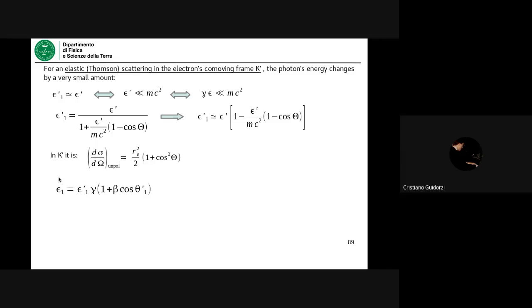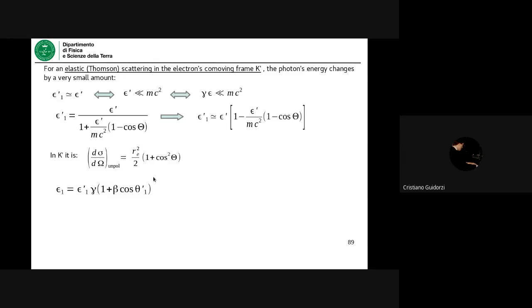So when you get back to the lab frame, of course you have to do just the inverse Lorentz transformation, as I said. But you see, just because of the property of the differential cross-section of Thomson scattering, in the comoving frame of the electron, more or less, photons will be scattered off to all directions. So theta 1 prime can assume more or less any value with equal probability, within a factor of 2.